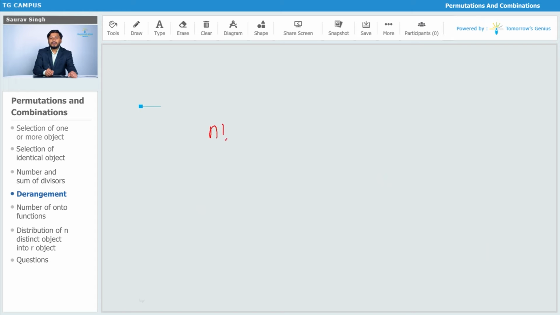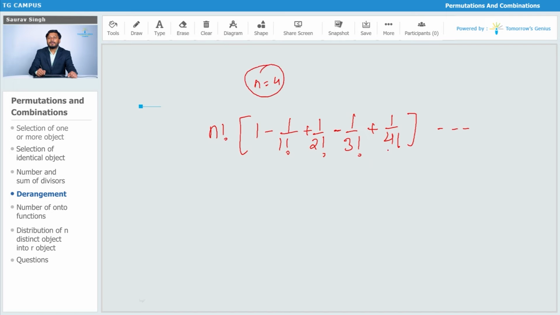So n factorial into 1 minus 1 upon 1 factorial plus 1 upon 2 factorial minus 1 upon 3 factorial plus 1 upon 4 factorial and so on. So n is equal to 4, so we have to stop here only. So 4 factorial into 1 minus 1 upon 1 factorial plus 1 upon 2 factorial minus 1 upon 3 factorial plus 1 upon 4 factorial.